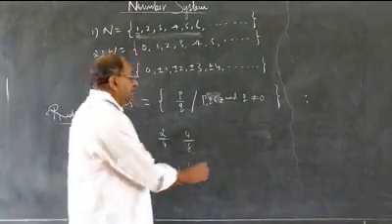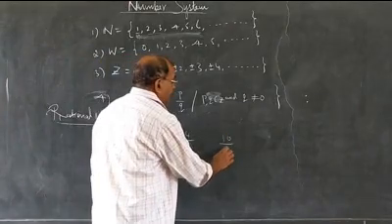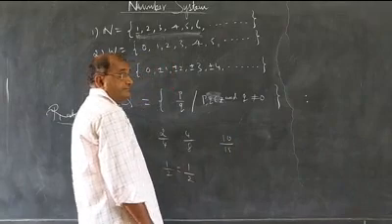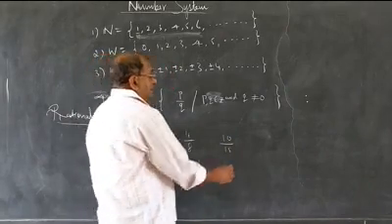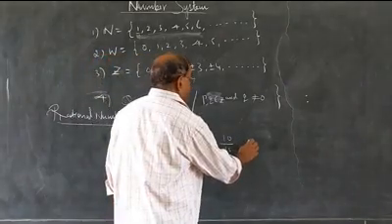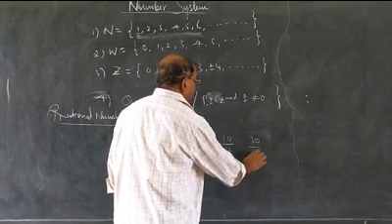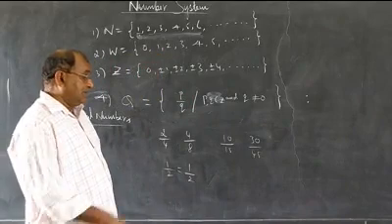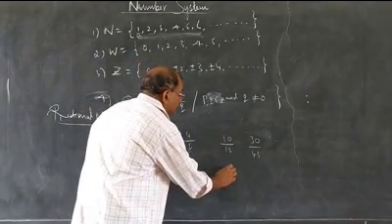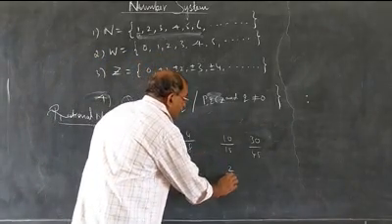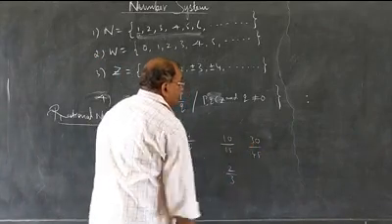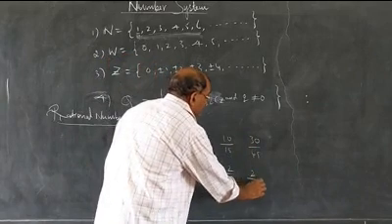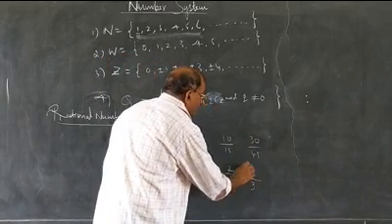I take another set of numbers, 10 divided by 15. Say I take another number, 30 divided by 45. Both are divided by 5. 5 twos are 10, 5 threes are 15. Both are divided by 15. 15 twos are 30, 15 threes are 45, equal.